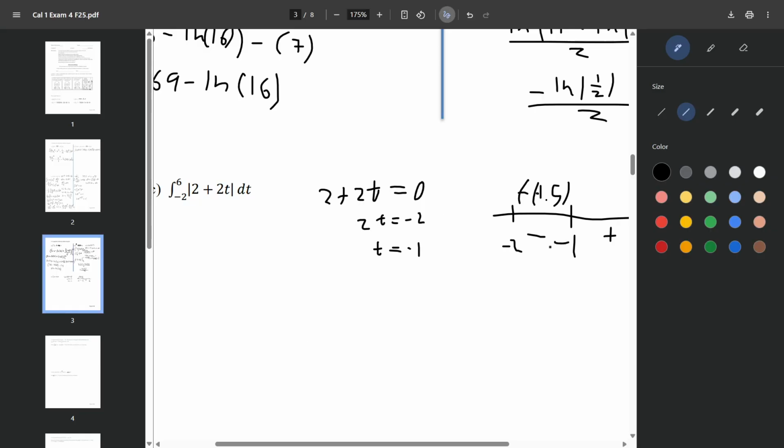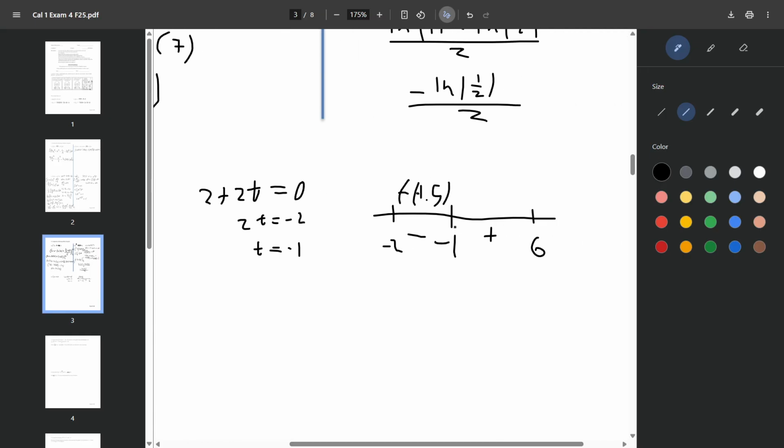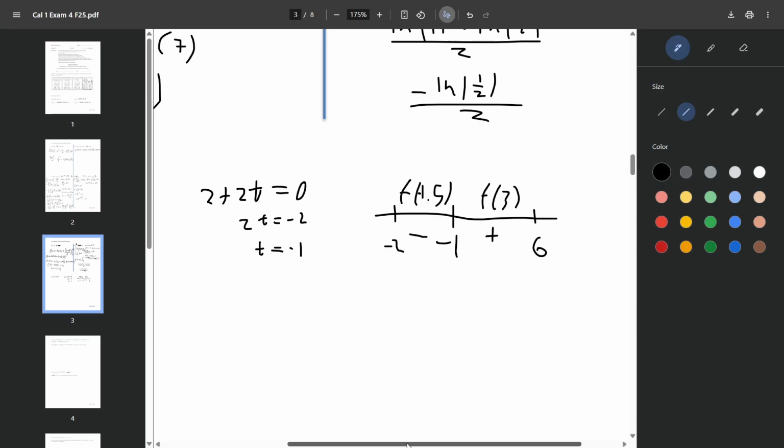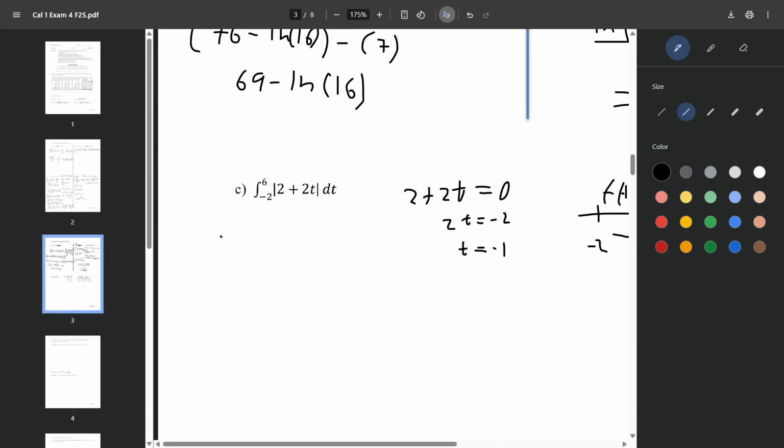And because our first bound is negative, we need to put a negative in front of it.